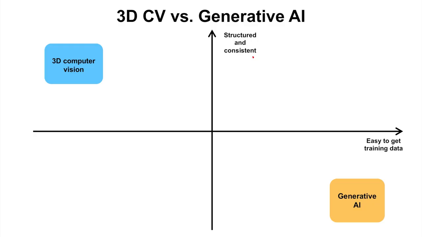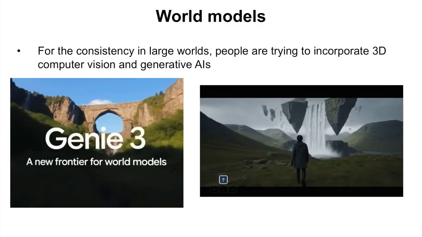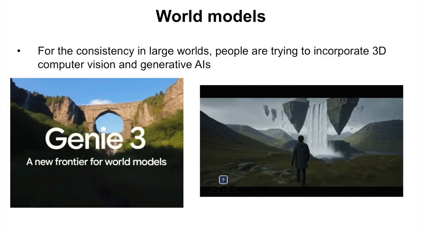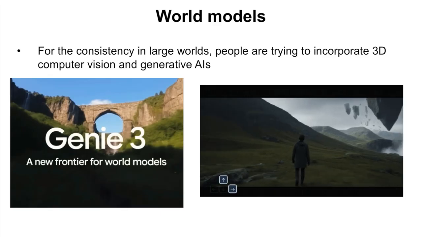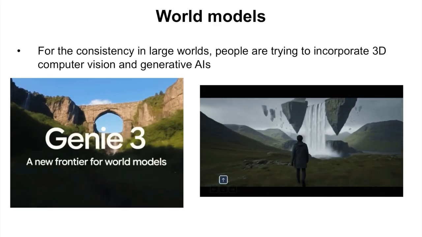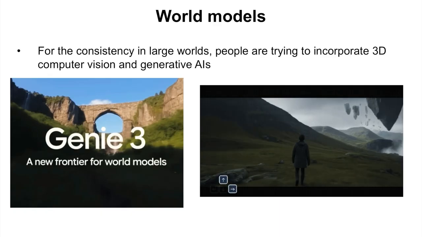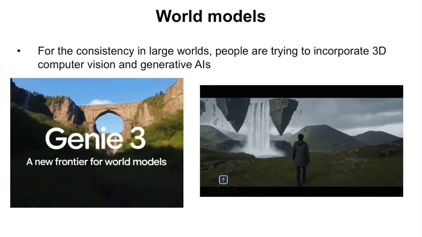And then, these days, people are trying to incorporate 3D vision and generative AI, and world models are, I think, one example of combining the consistency from 3D vision with the diversity and photorealism of generative models. I'm not sure you've heard this word, world model.